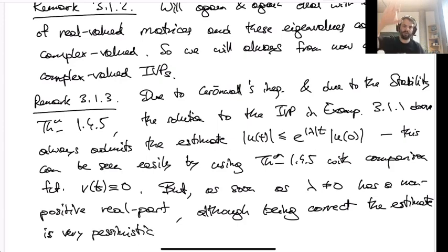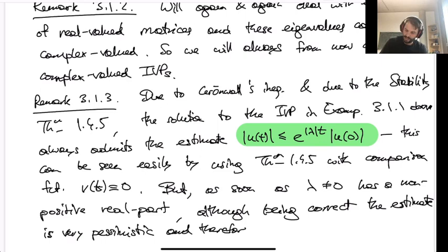So we know the solution decreases or goes to 0, but the upper bound that we found here is kind of growing and growing and growing with e to the modulus of lambda times t, and therefore useless for larger t.